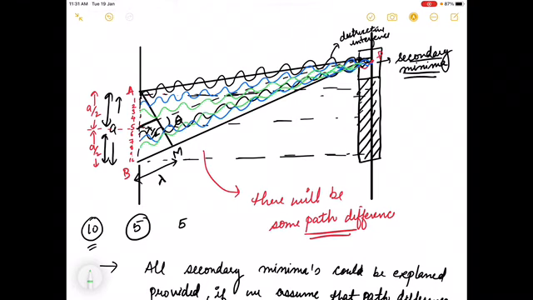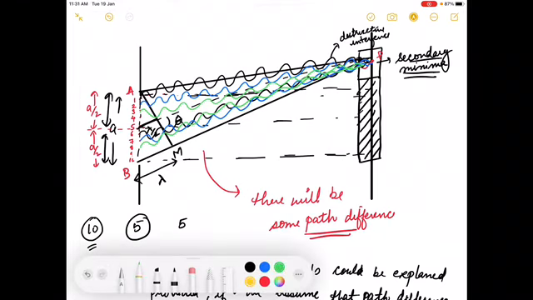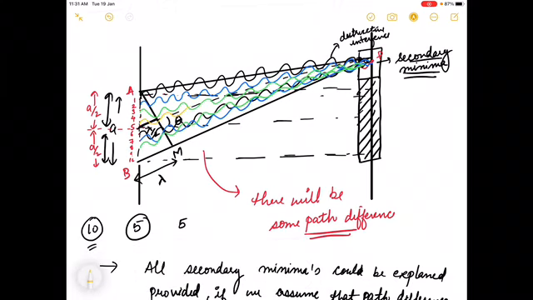Again, lambda by 2 is the path difference, again destructive interference. And finally, from the fifth the wave is going, and from the ninth the wave is going, right. So again, we can very clearly say that there is destructive interference. So in that way, we can actually make everyone understand what is actually happening, right.